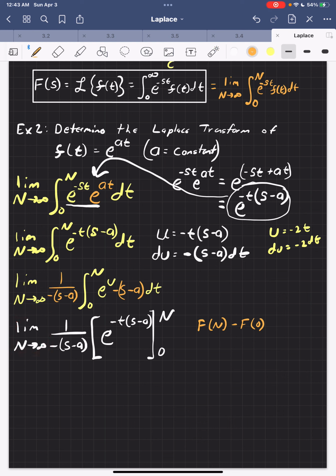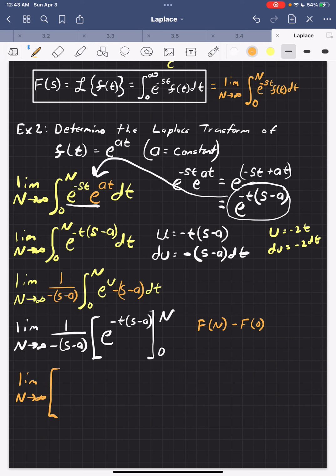So don't try to evaluate the limit yet. So here it is. We're going to be taking the limit, n to infinity.